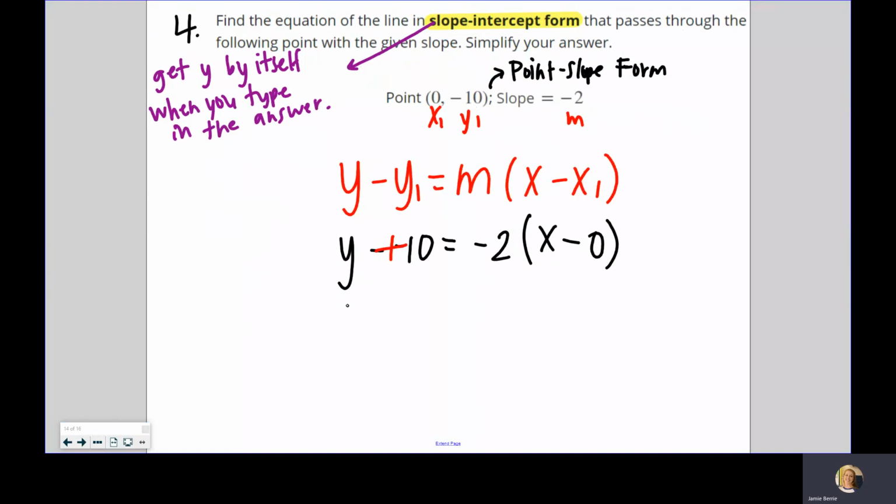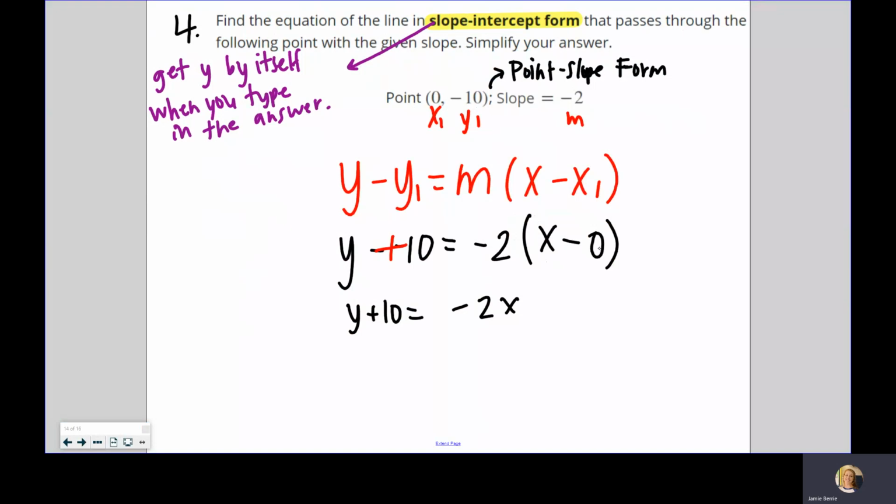So y plus 10 equals, let's multiply through by -2 here. Well, actually, we don't really have to multiply anything in here, because x minus 0 is just going to be x. So that's just -2x.